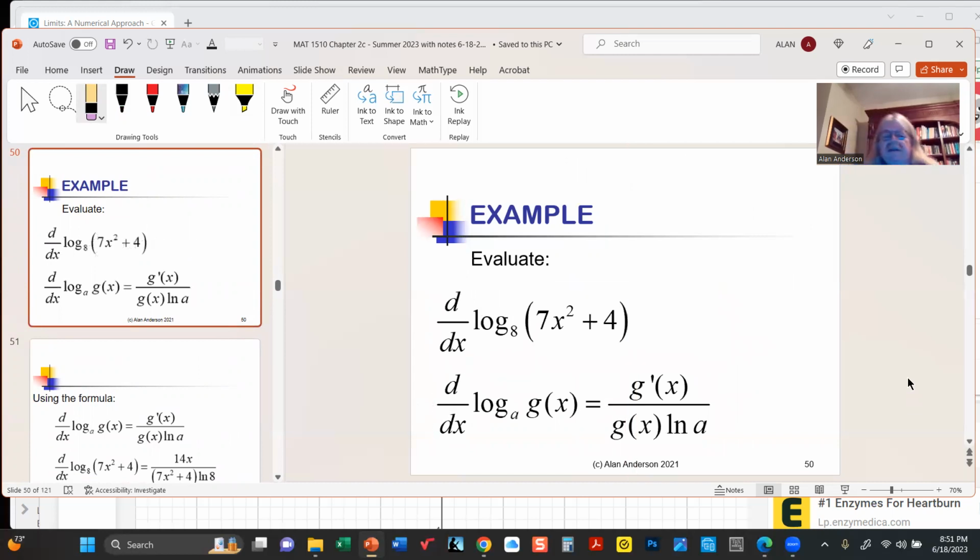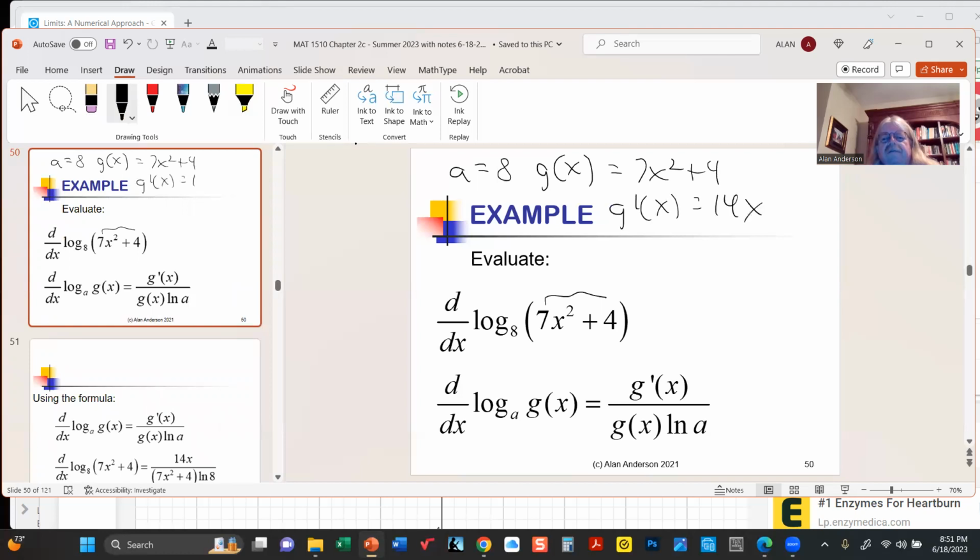And so it just means that a is 8. g of x would, of course, be 7x squared plus 4, and therefore g prime of x would be 14x.